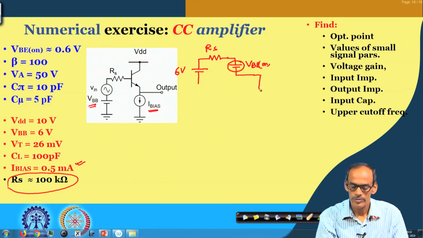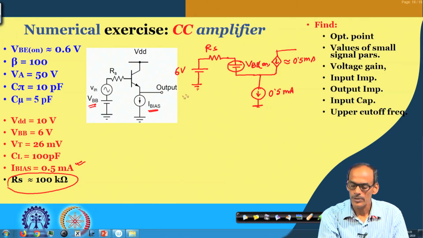Then we do have the bias current of 0.5 milliampere, and here we do have the collector current, right.